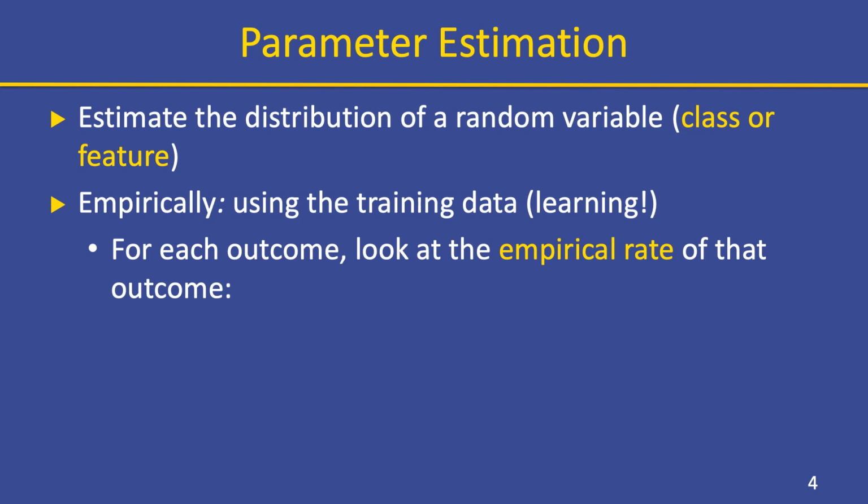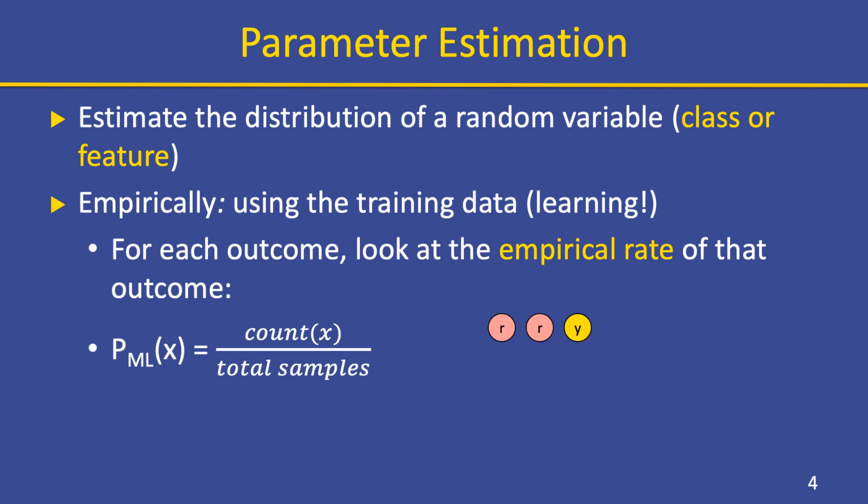We count the total number of examples with that label, and we divide by the total number of training examples that we have. This is the maximum likelihood estimate of the label. We do the same for the probability of each feature given the label. We count the total number of examples from that class with that feature, and we divide by the total number of examples from that class.